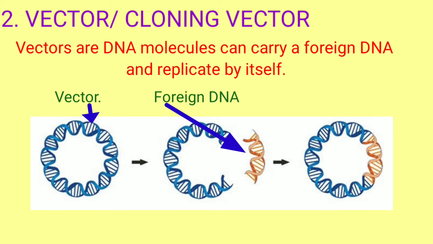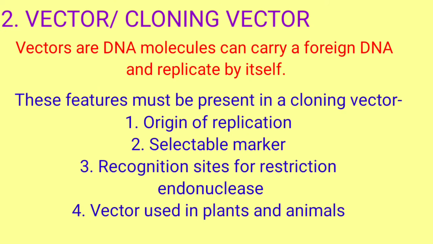But some features are required in the cloning vector. Those features must be present in the cloning vector. One such feature is the origin of replication site. As you know, the origin of replication is the site in the DNA where replication starts.